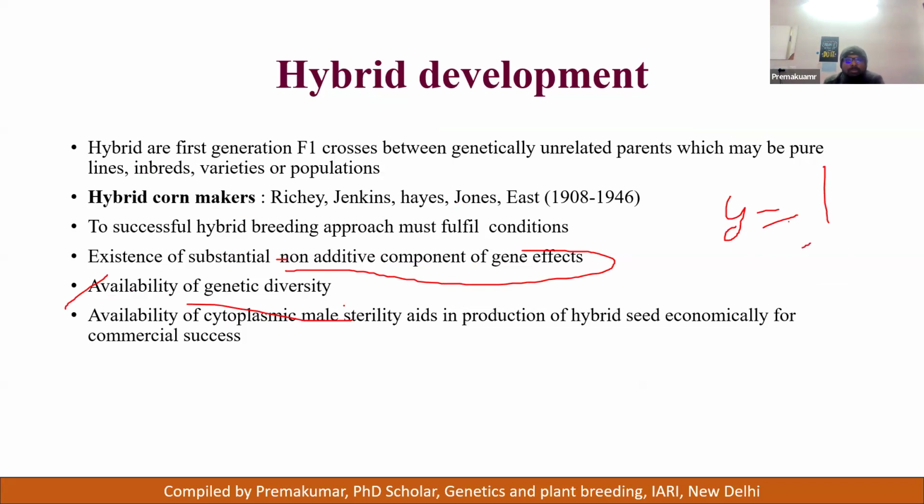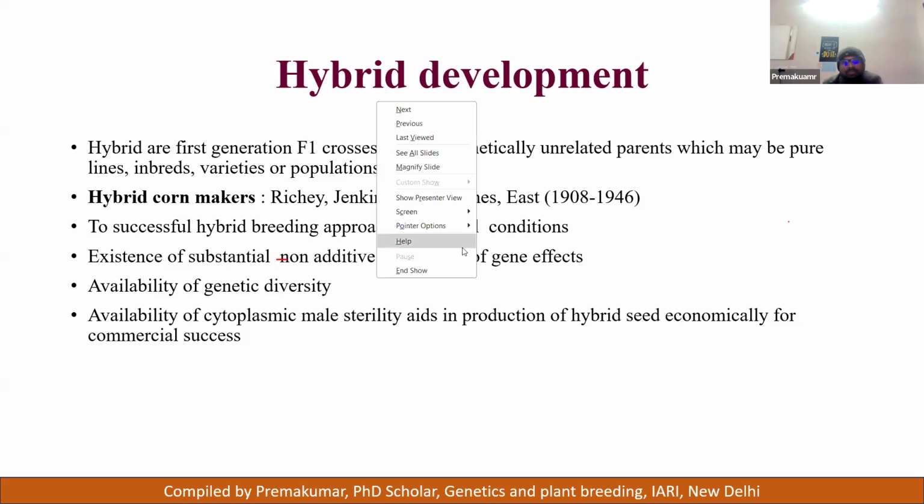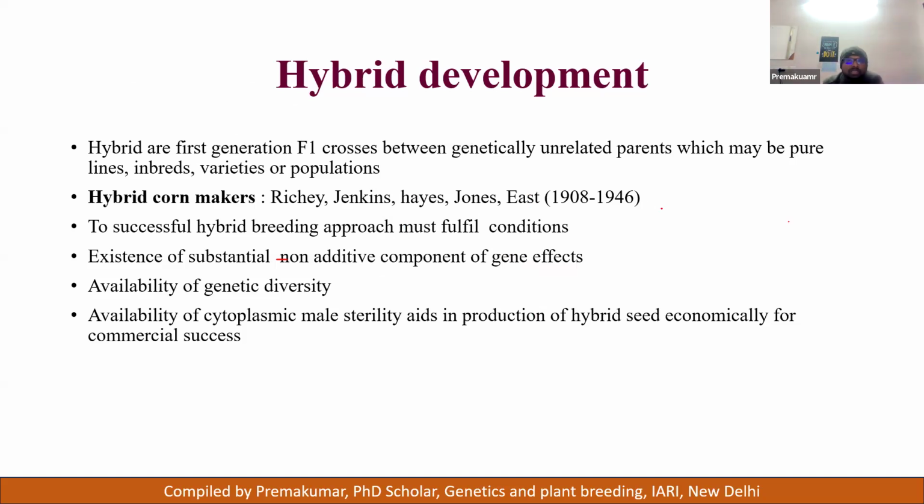Then there should be availability of genetic emasculation methods, like cytoplasmic male sterility, CGMS, PGMS, TGMS systems, so that seed production will be economically favorable and maximum commercial success will be possible. If they follow a conventional emasculation method, it is very laborious and takes more labor, more money and more time.